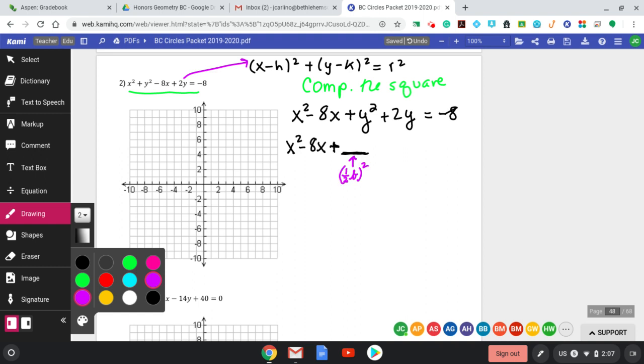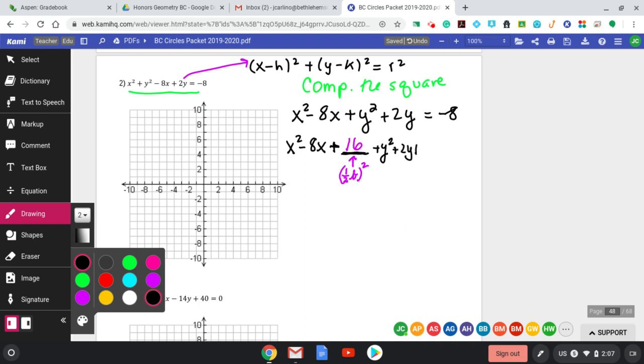My b value right now, since I'm working with the x's, is -8. So this is what I want you to do in your head right now: take half of -8, think about it, got that number? Square it. Half of -8, squared. You should have got -4 squared, which gives you 16. And I'm going to do the same exact thing over here for the y's.